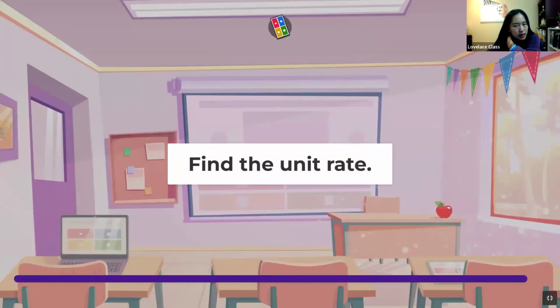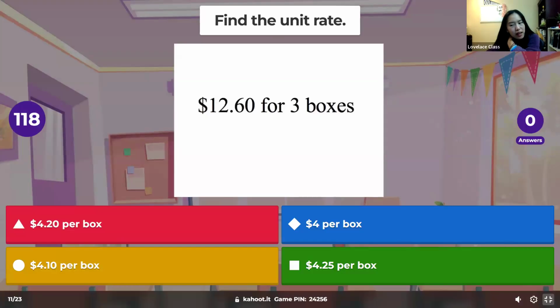And this is unit rates, which we just talked about. You can use a calculator for this because it's probably not that easy to calculate in your head. But if you can calculate in your head, good job.